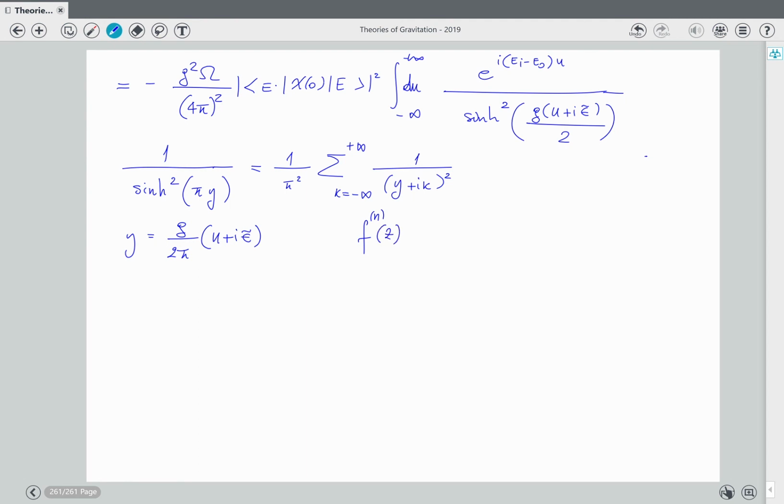So if you have a complex function f of z, analytic, the nth derivative in z is n factorial divided by 2 pi i times a contour integral of f of zeta d zeta divided by (zeta minus z) to the power n plus 1, over some contour that contains z.